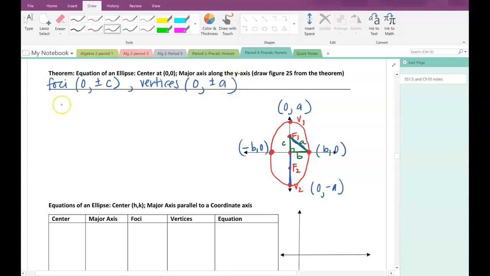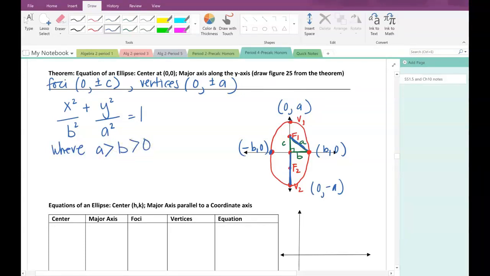Okay, the standard form is going to be, since it's positioned vertically, the y squared would get the a squared, because the a value is always bigger than the b. Then that means this gets a b squared, and it must always equal 1, where a must always be bigger than b, and both values must always be positive.